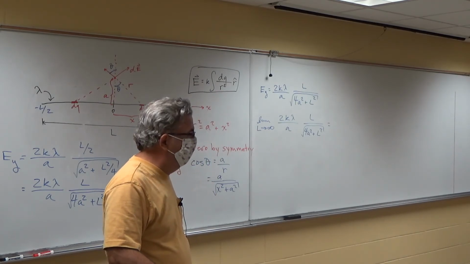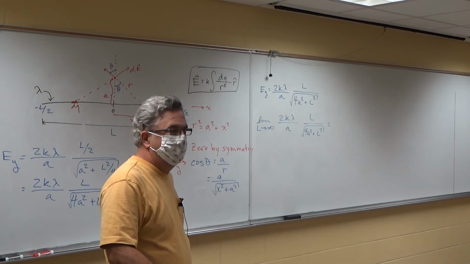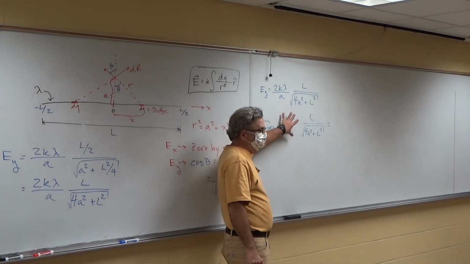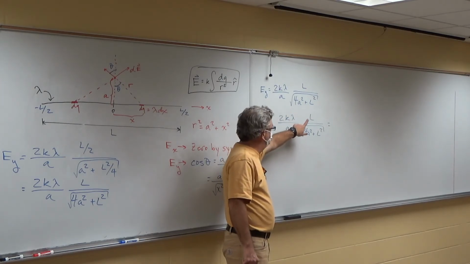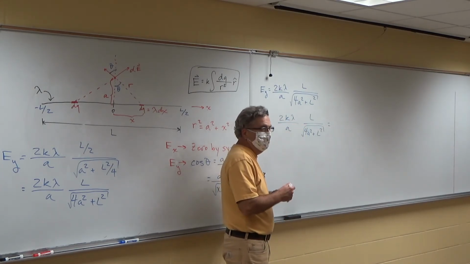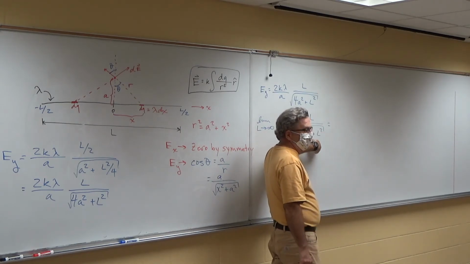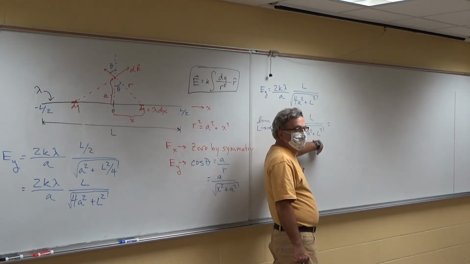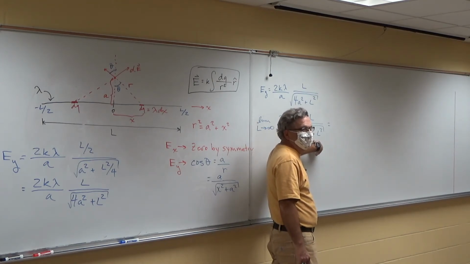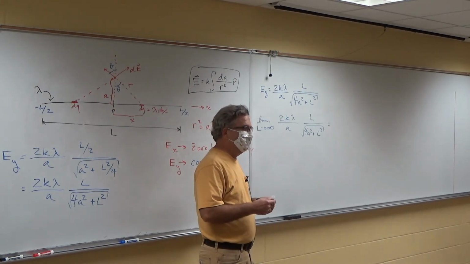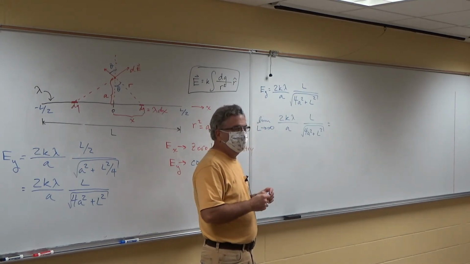Okay. What? You think it blows up? Does it go to 0? Well, 2k lambda over a, that's a constant. We don't have to care about that. L's the only thing going to infinity. So I'm going to divide top and bottom here by L. Is that legal? Yes, it's legal. Laws of limits, you can do division and multiplication on certain things.